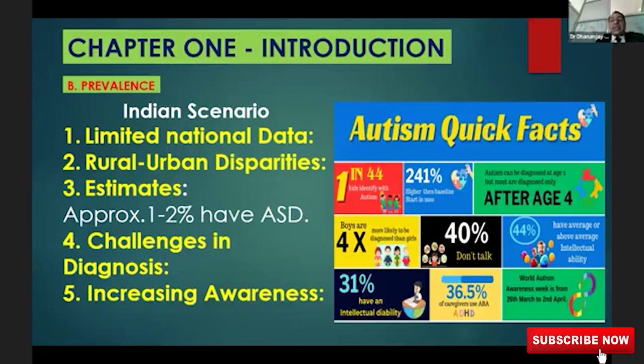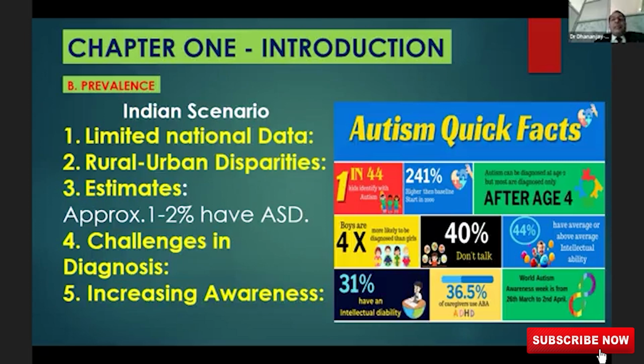Usually it could be diagnosed at the age of 2 years, but on average it is diagnosed at the age of 4 years, and it is 4 times higher in boys than in girls. 40% of children with autism don't talk or are non-verbal. 44% have average or above average intellectual ability, and 31% have an intellectual disability. 36.5% of caregivers use applied behavior analysis, and World Autism Awareness Week is from 26 March to 2nd April. These are the important facts for autism, so that you should know the severity of the problem.